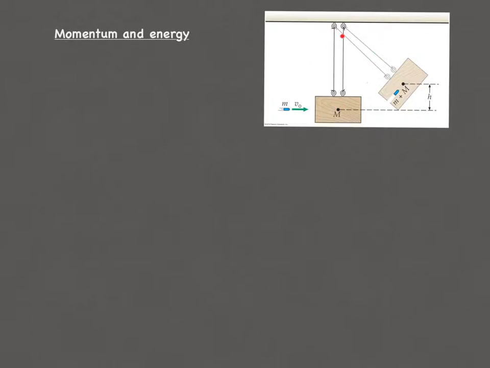However, it's attached, and as it tries to move forward, it's going to have to move upwards. So the change in energy occurs after the bullet sticks into the block, and the block-bullet combination begins to move forward. As it tries to move forward, the energy is then changed to potential. So the first thing, in order to get to the height, we're going to have to solve a collision problem between the bullet and the block.